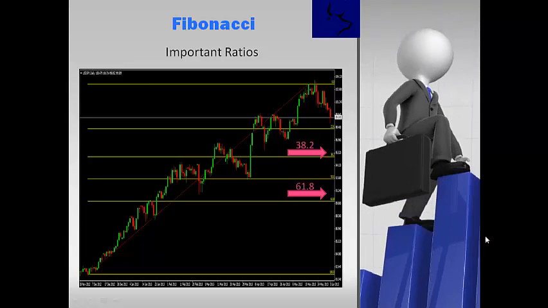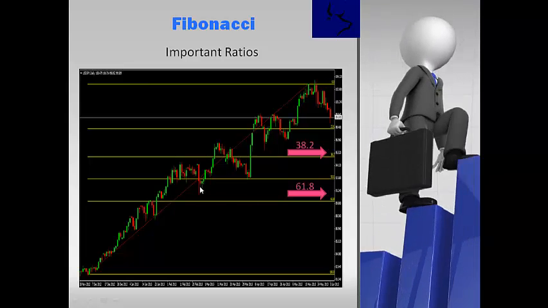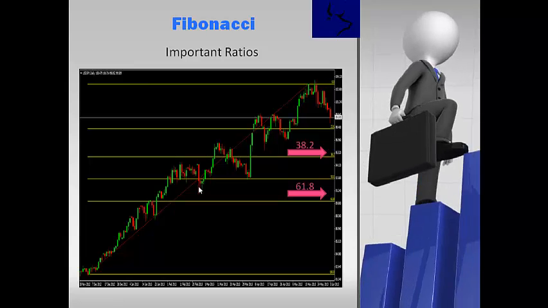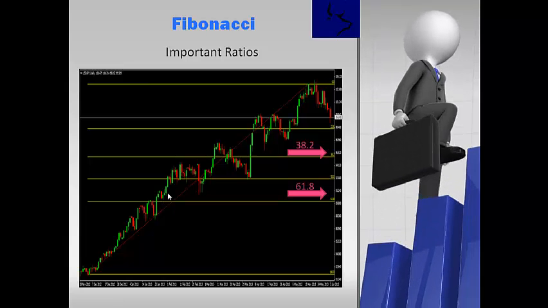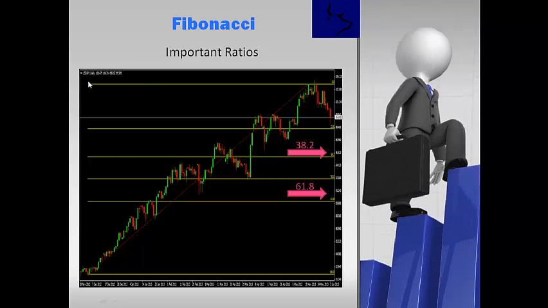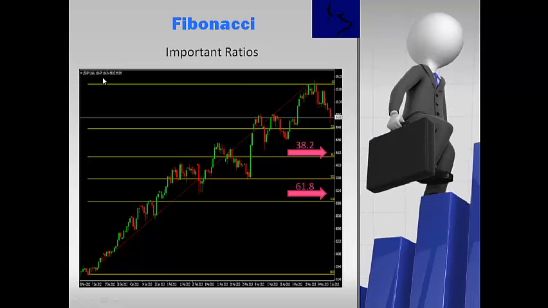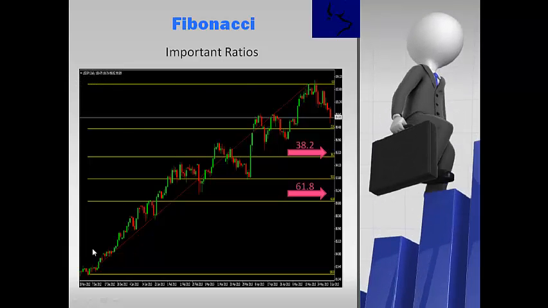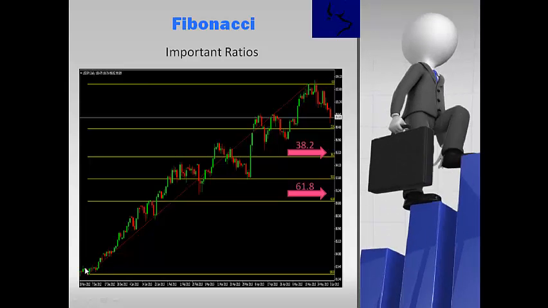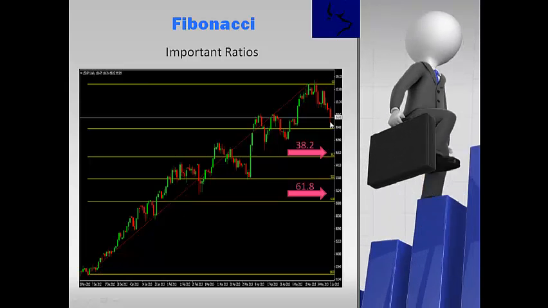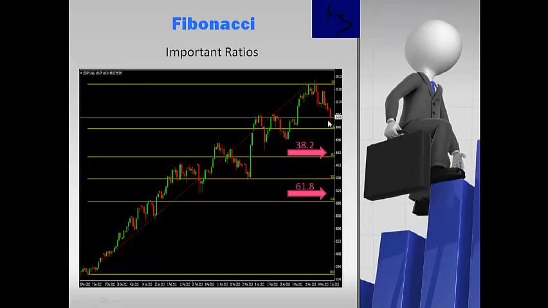All right, let's move on to the Fibonacci graph. We have an MT4 platform, the most common one in Forex. We have the US dollar and the Japanese yen right there. This is a daily chart, starting in January 2013 all the way to June 17.